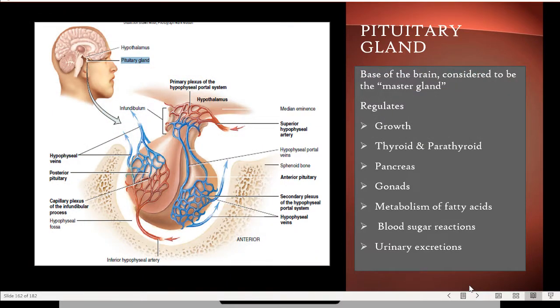We have the pituitary gland, also known as the master gland, that really deals with just about everything. Anything from growth to the thyroid, to parathyroid, the pancreas.